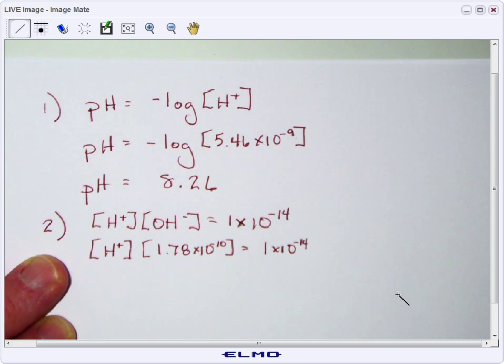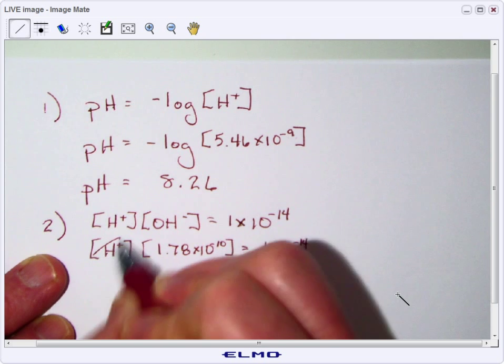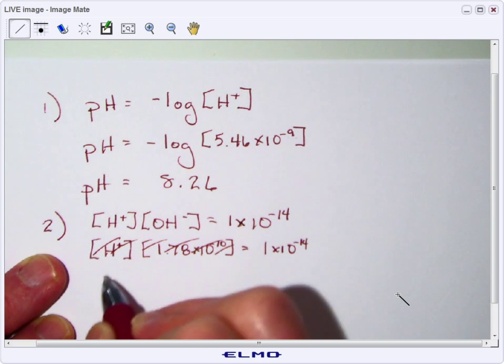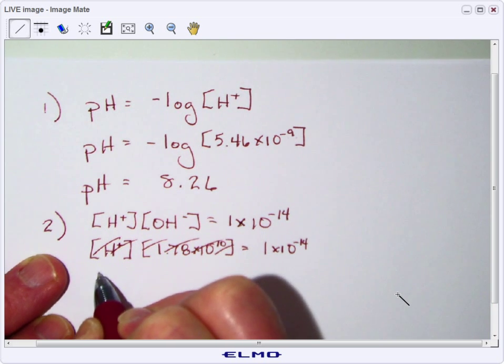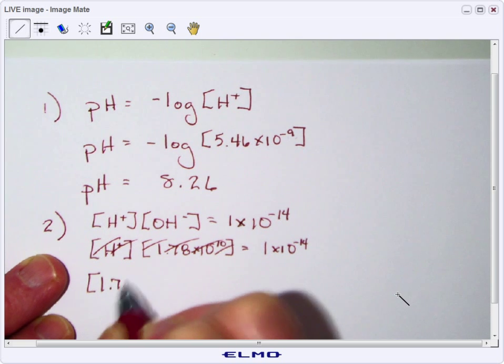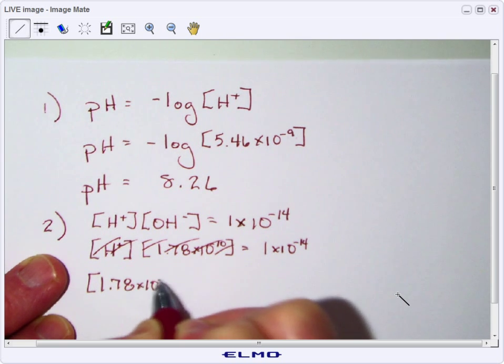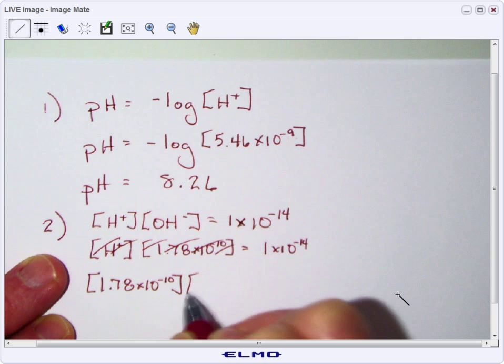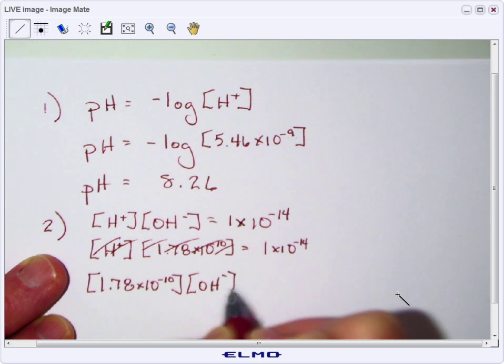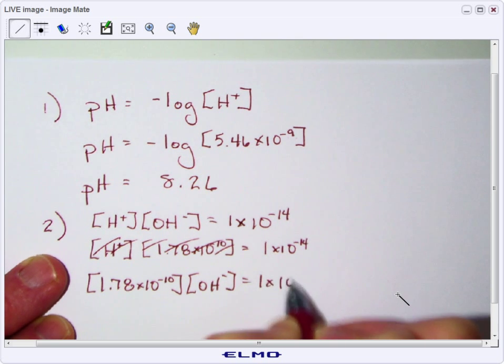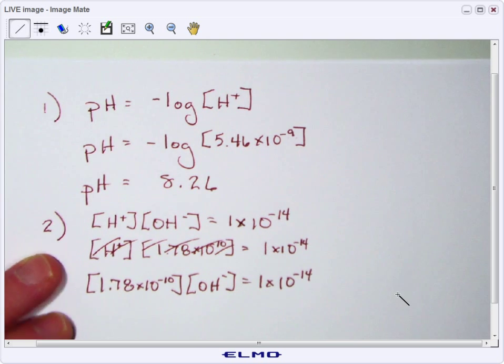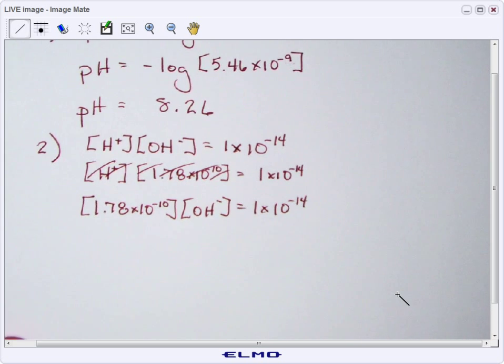Oh, I'm sorry, I got that backwards, didn't I? Everyone makes simple mistakes. It's okay. But it's easy for me to see that because I'm writing it all down.